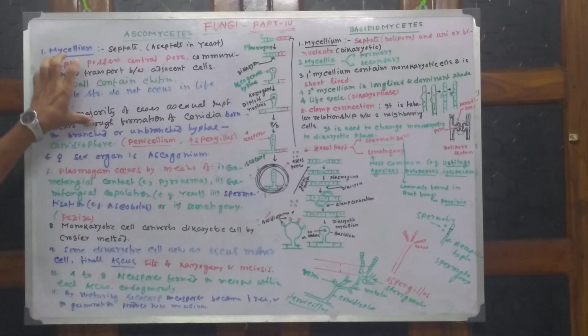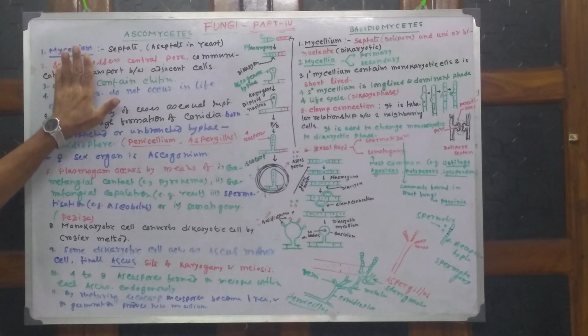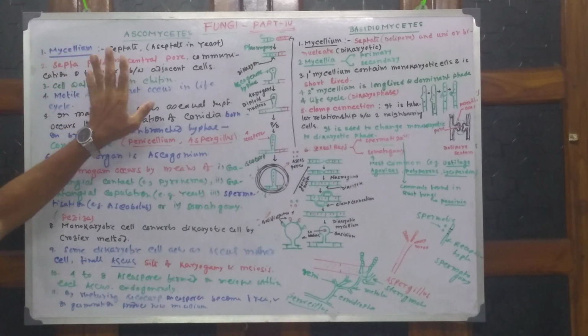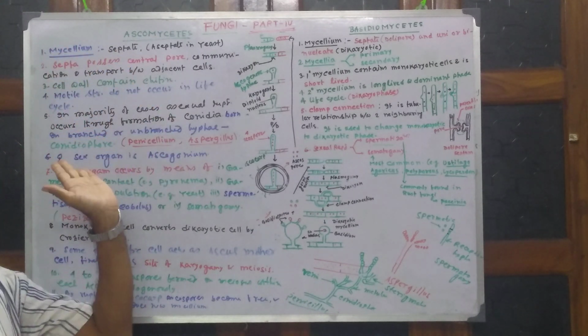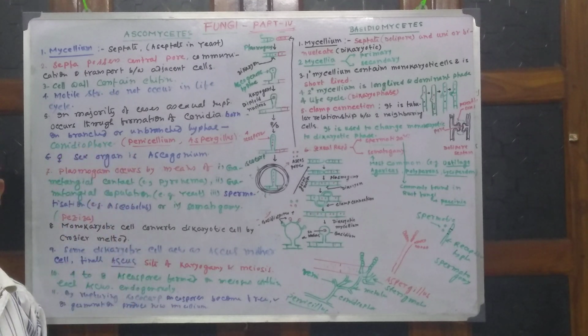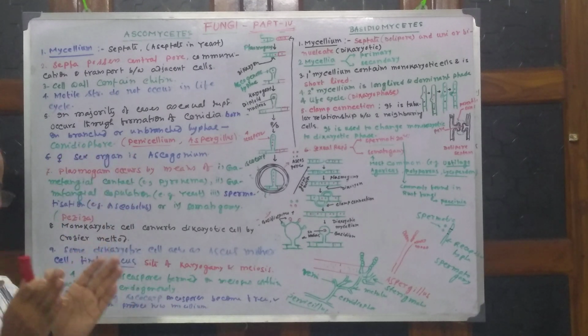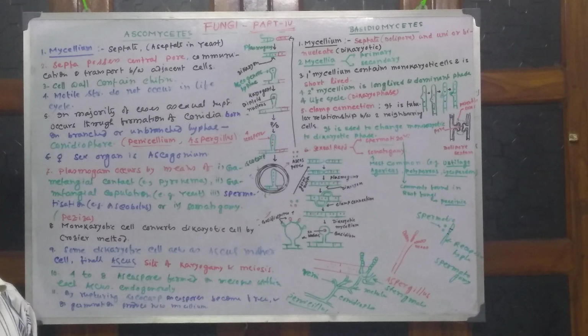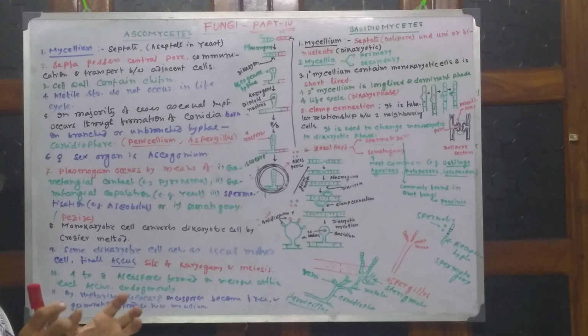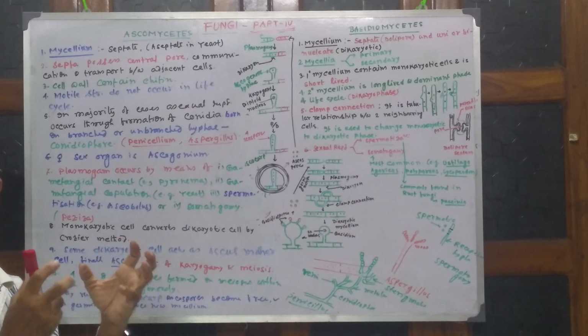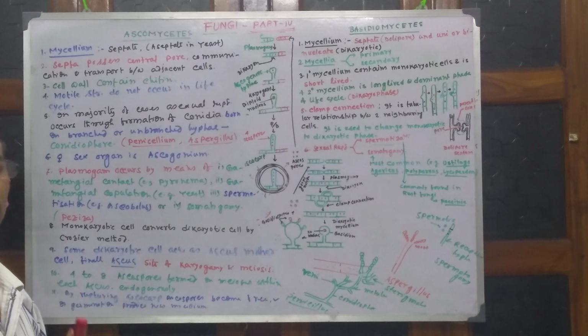First, the vegetative body, that is mycelium, which is septate unlike Phycomycetes. In Phycomycetes, we have seen that the vegetative body is aseptate, that is coenocytic, containing numerous nuclei without any septa.